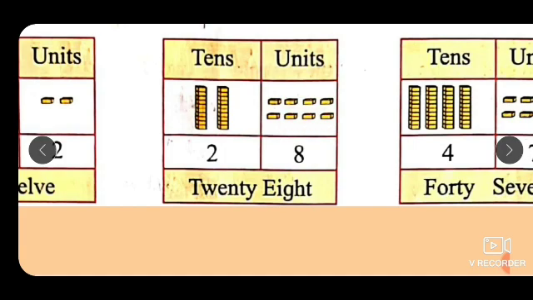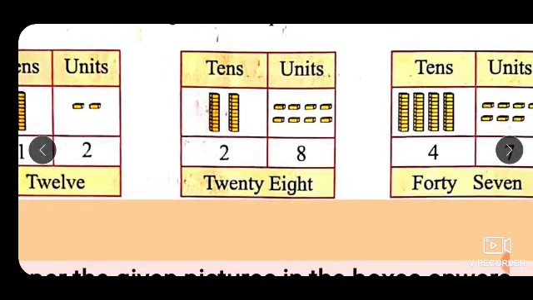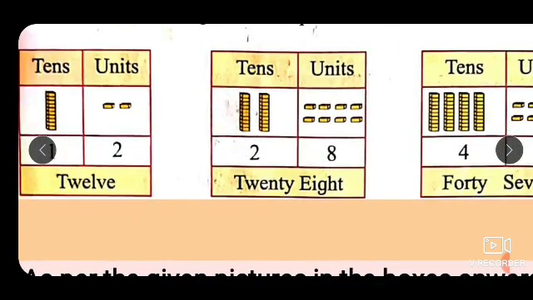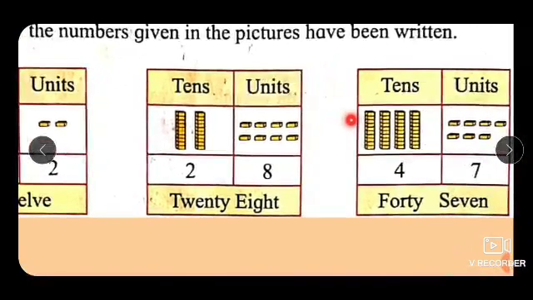In units there are 8 blocks. So in units place we will write 8. 20 plus 8, 28. TWENTY 20, EIGHT 8, 28.